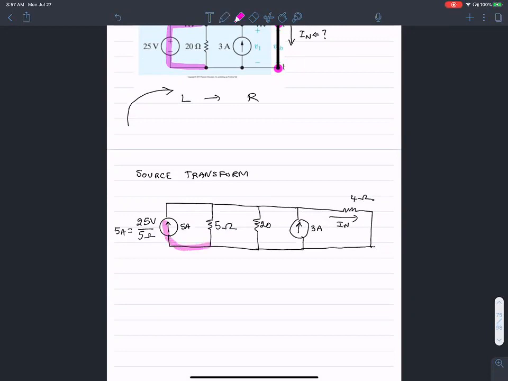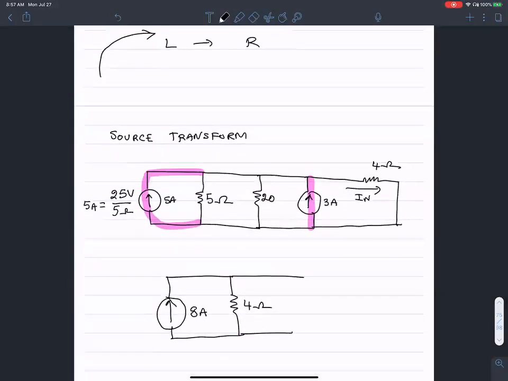Two currents in parallel with two resistances in parallel. So this 5 ohms in parallel with the 20 ohms is going to be 4 ohms. When two current sources are connected in parallel, their equivalent current is the sum of 5 amperes and 3 amperes, which gives you 8 amperes.